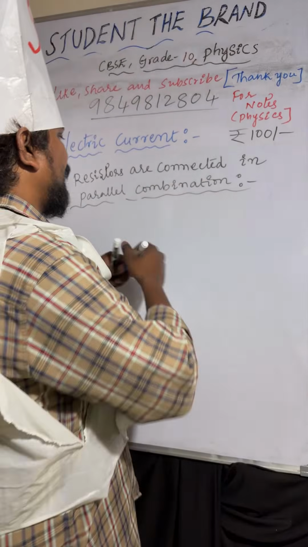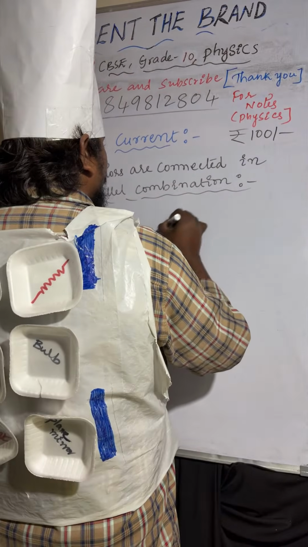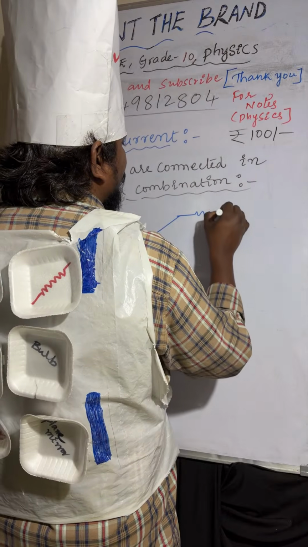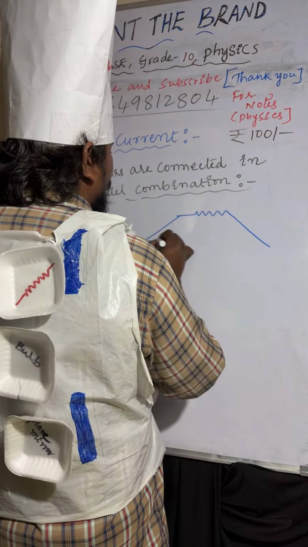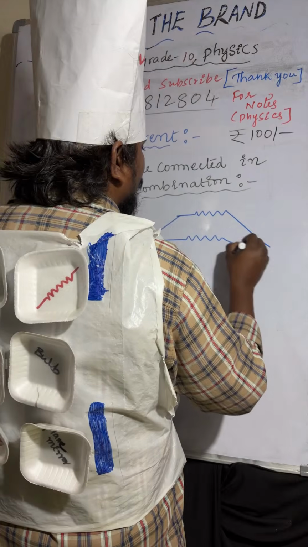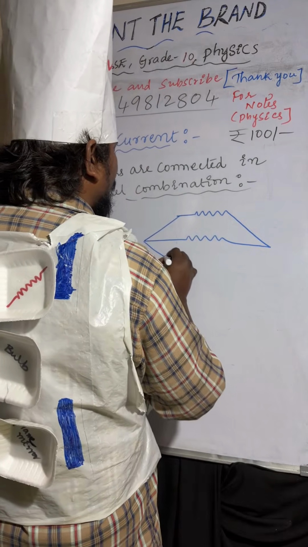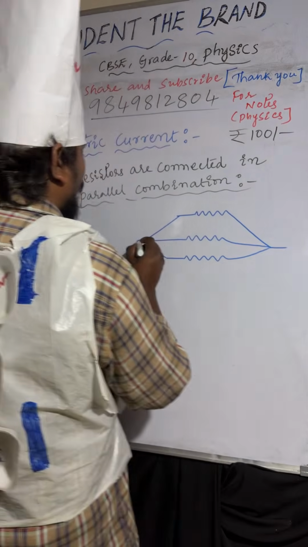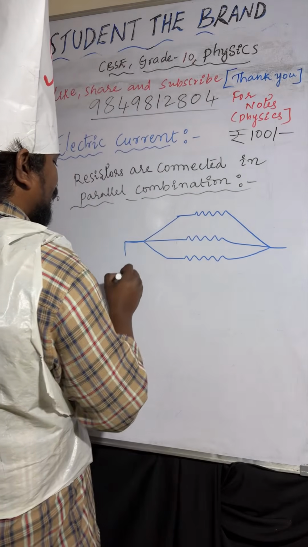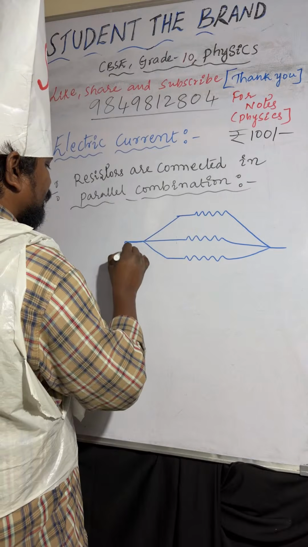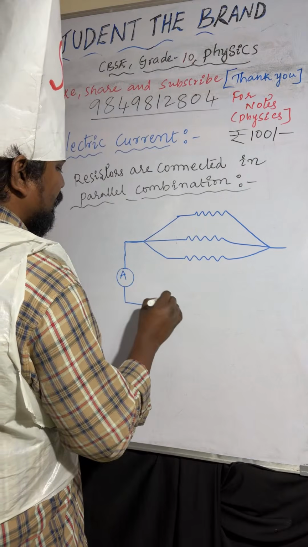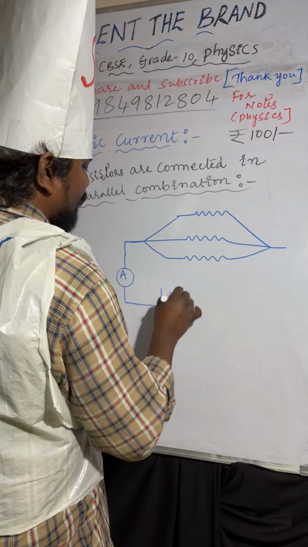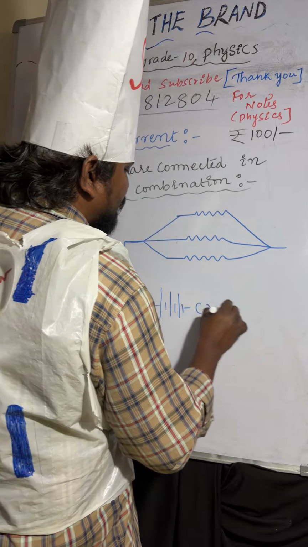So I'm connecting three resistors: one, next one 2, next one 3. So ammeter, and here also battery, switch.